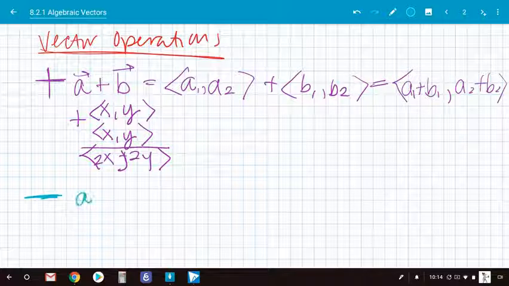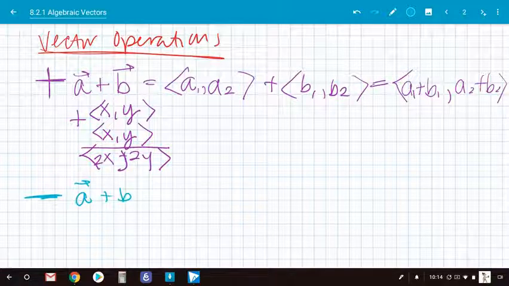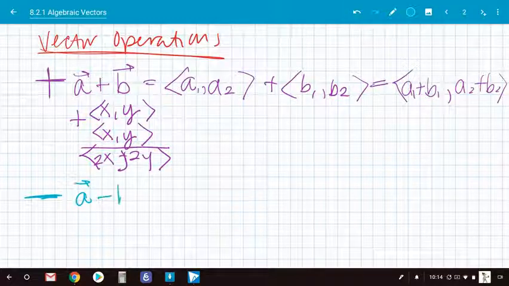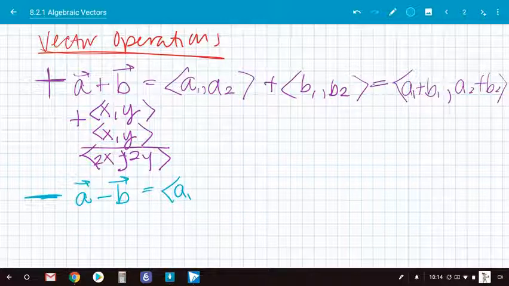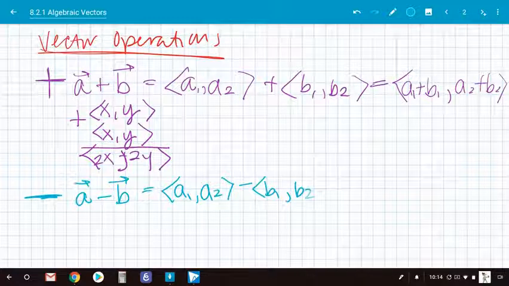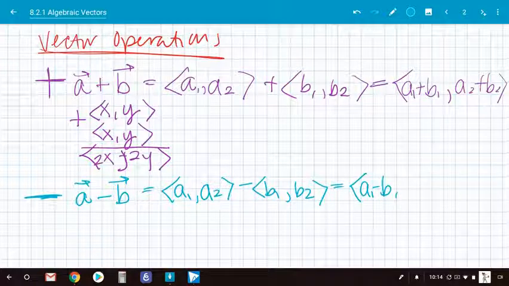Subtraction, just as you think it will be, should be a minus. If I have my same vectors, I subtract the x components and then subtract the y components.